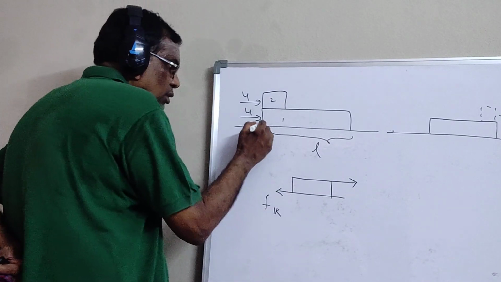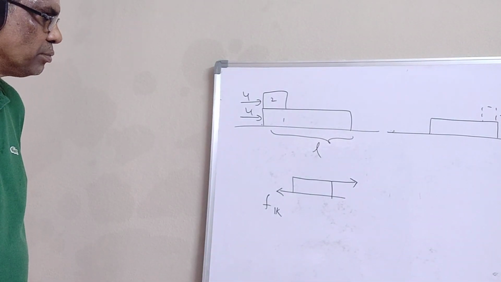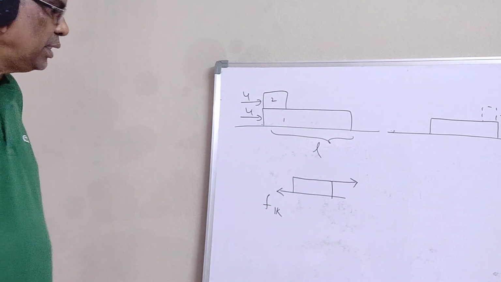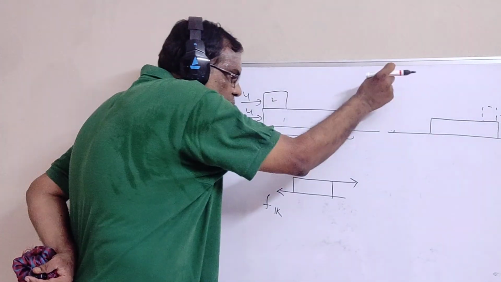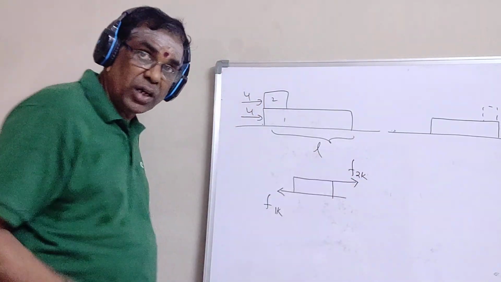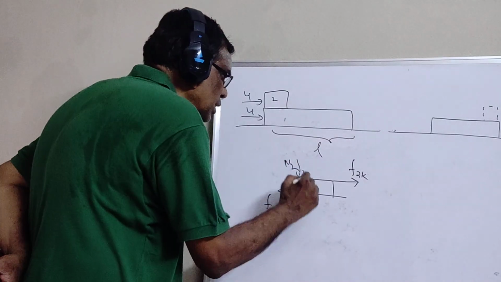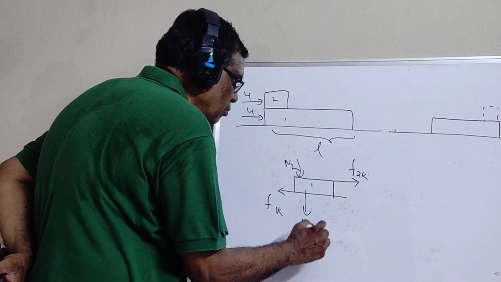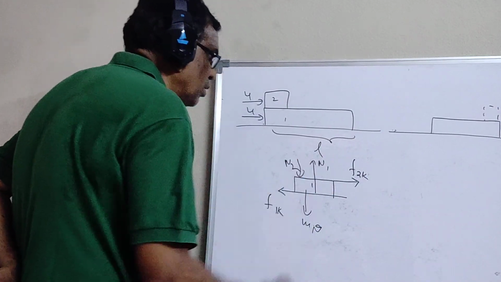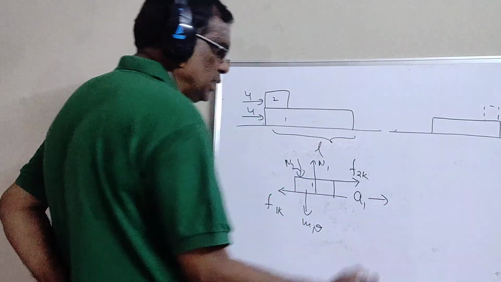Once it starts moving, of course, you have F1K, and since this is dragging on this, F2K will be forward on the lower body, M1. So this is N2, M1G, N1, same as before. Let me presume that this is A1.